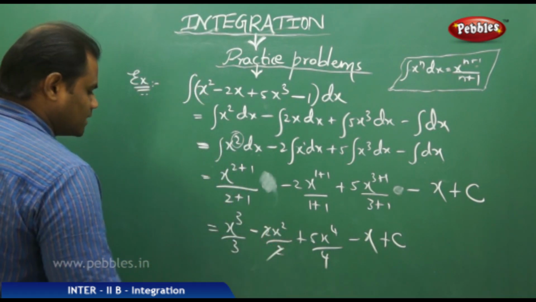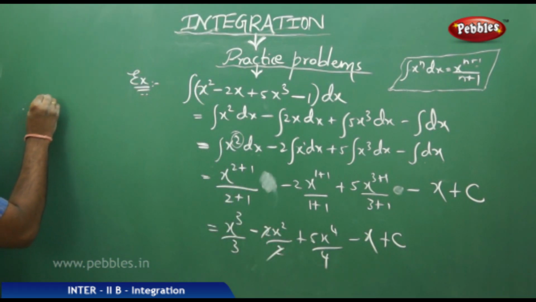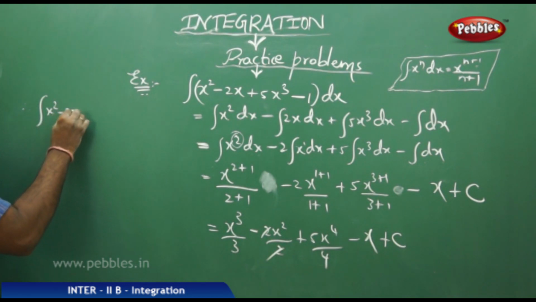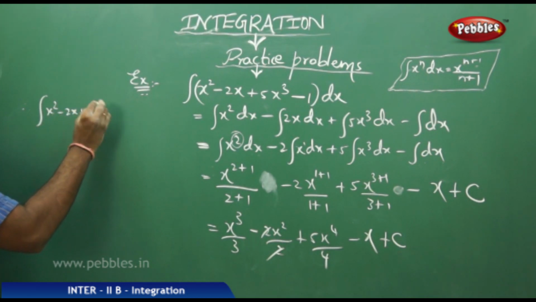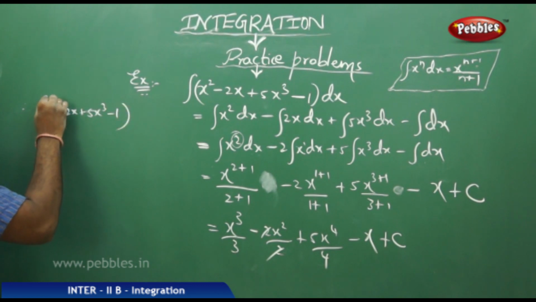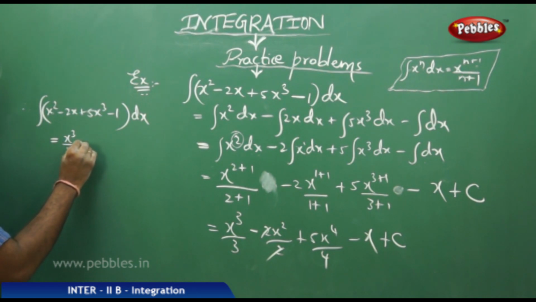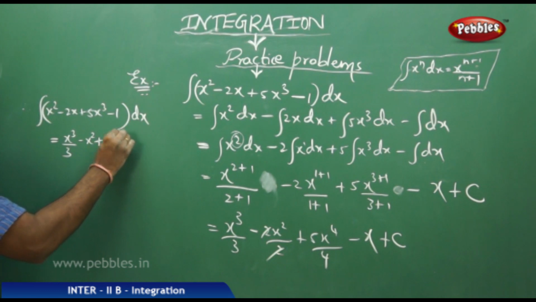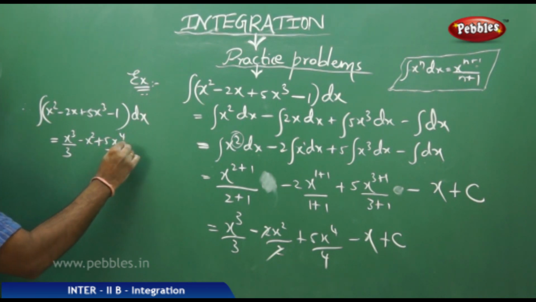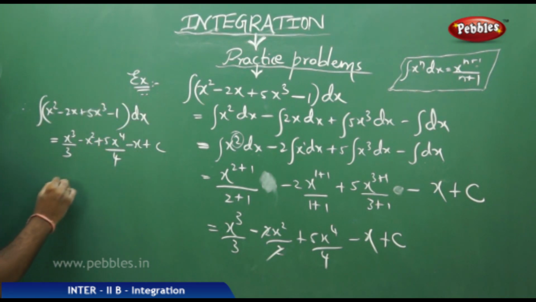So this 2 gets cancelled, and therefore integral of x squared minus 2x plus 5x cubed minus 1 of dx is given by x cubed by 3 minus x squared, 5x power 4 by 4, minus x plus c.